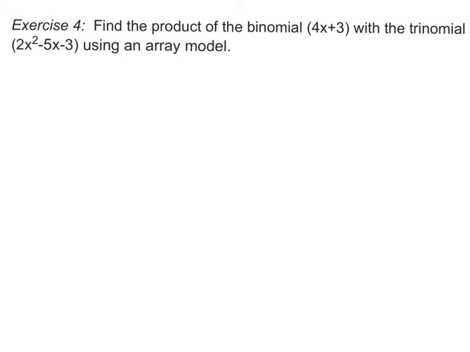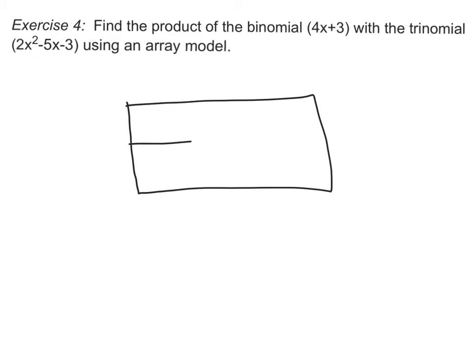Now we're going to try to find the product of the binomial 4x plus 3 with the trinomial 2x squared minus 5x minus 3, also using the array model. When I set this up, I'm going to have to make my table so that it has two rows. And I'm going to put the binomial 4x plus 3 along the left side.